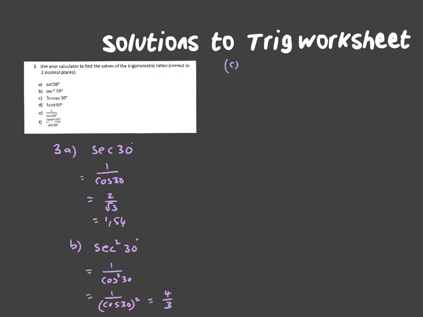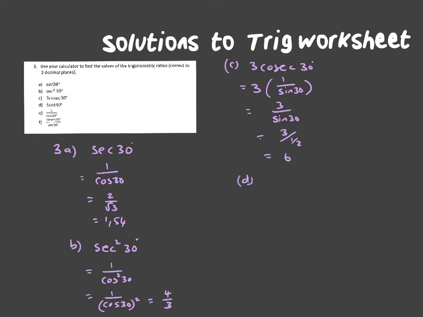So question C, what we've got is 3 cosec 30 degrees. So cosec, of course, is the reciprocal of sine, so it's 1 over sine of 30, right? So that therefore becomes 3 over sine of 30. Sine of 30 is equal to a half. 3 divided by half is equal to 6.